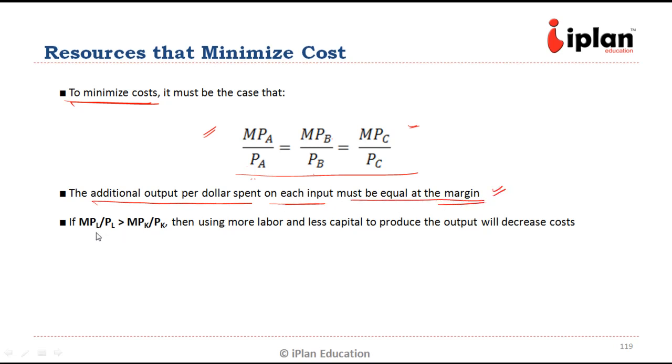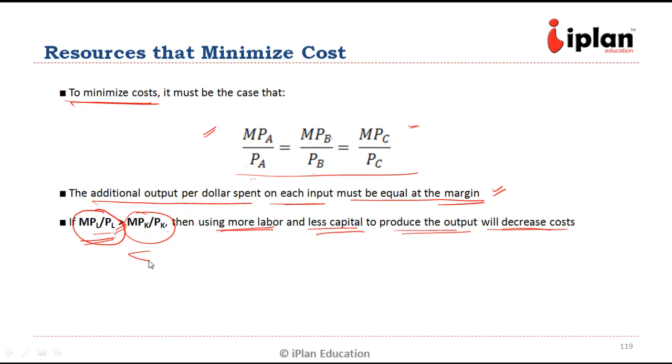So if we are trying to take a decision regarding more employment of labor or capital, then we just have to compare this ratio, the marginal product of labor divided by the price of labor and the marginal product of capital divided by the price of capital. If the labor ratio is greater, then obviously we should hire more labor and use less capital so that we can produce the output at decreased cost.